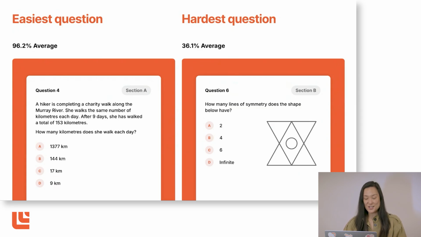And then the hardest question is actually also a stage 4 outcome about lines of symmetry that usually is taught more in year 7, but because it's a more difficult shape with congruent triangles, this was something that was in year 8 and proved to be the hardest question, not only in New South Wales, but also in Victoria in both of the pilots.